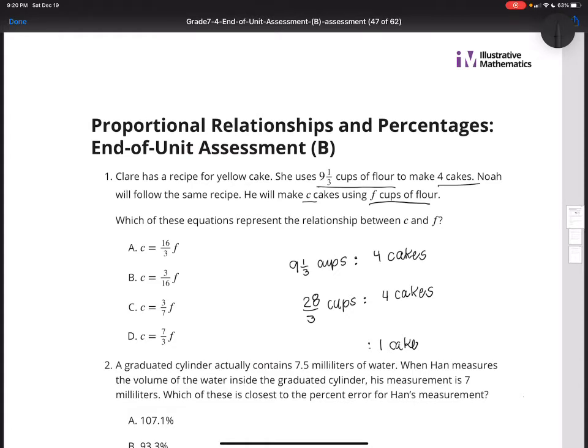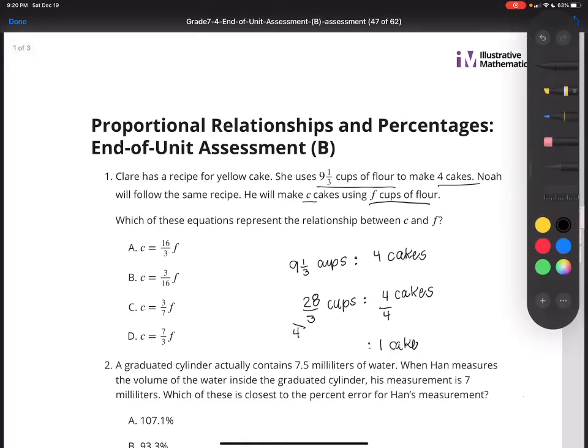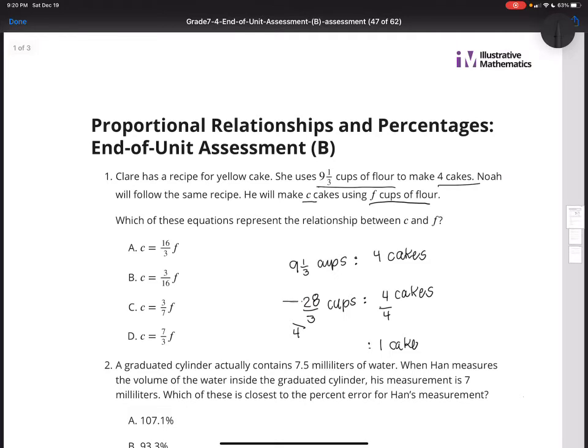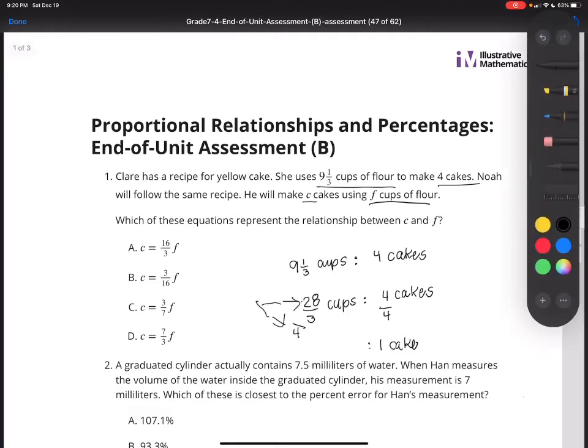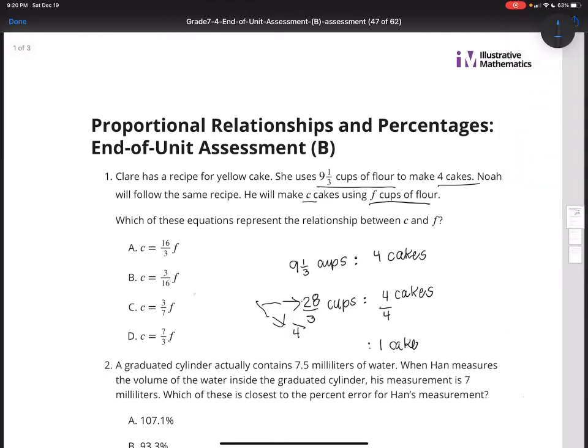I would want to divide by 4, or multiply by the multiplicative inverse. So what I'm going to do is divide by 4, and whatever you do to one side, you have to do to the other side. Now for the other side, I'm going to set it up to where you guys can see the expression better.